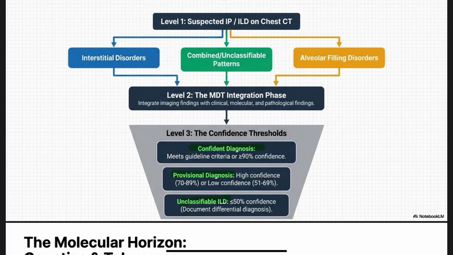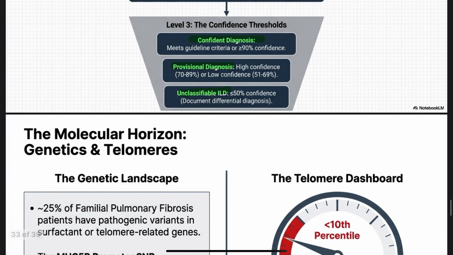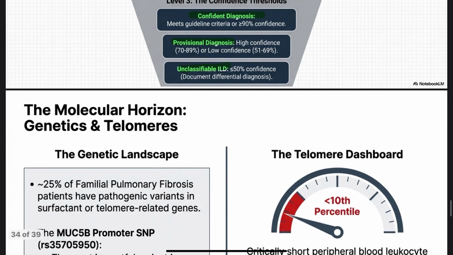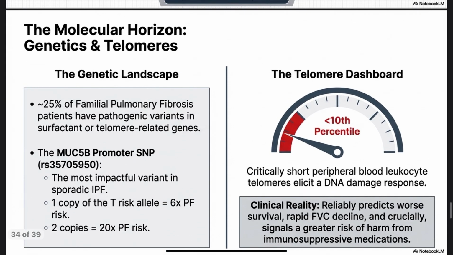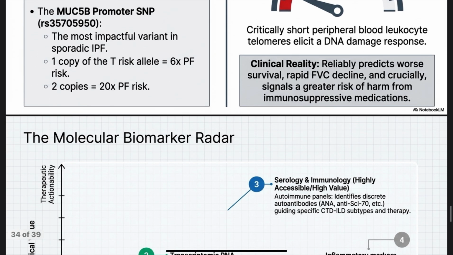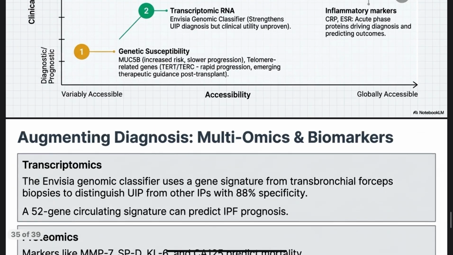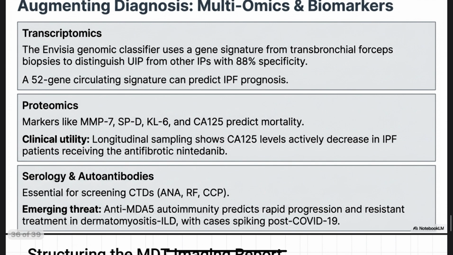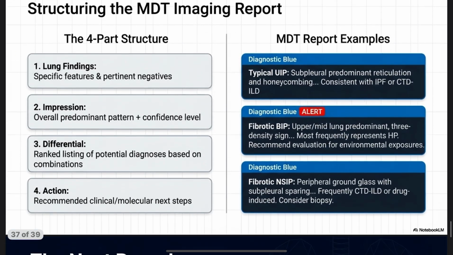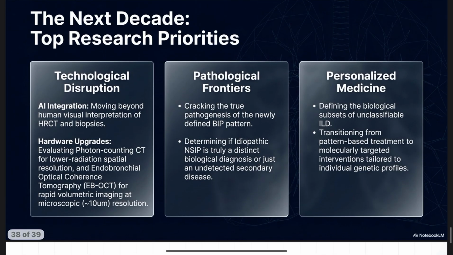So always when we go with ILD, we should say whether we are confident, provisionally diagnosing, or leaving them unclassified. That is very important. And always consider genetic telomere testing for familial IPF. This is a very separate topic, which can be discussed with IPF. Molecular biomarkers are tested on them, along with the multidisciplinary diagnostic imaging pattern.